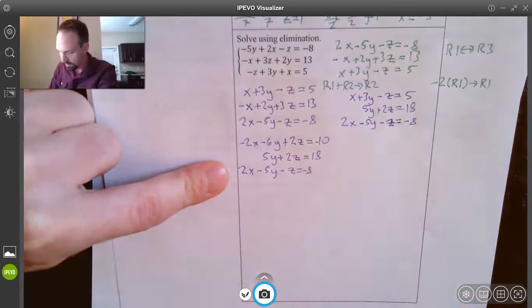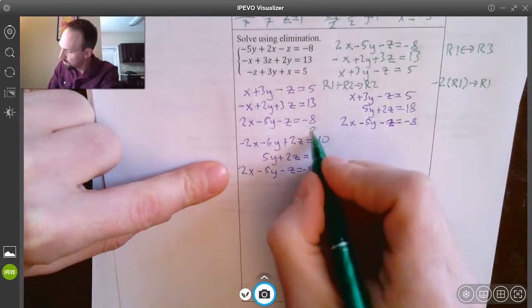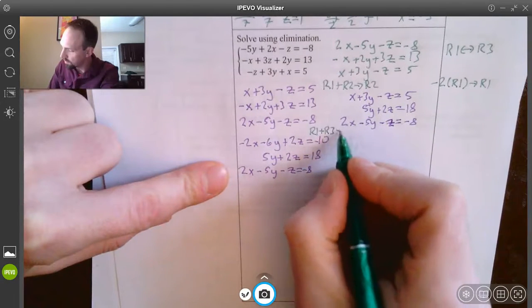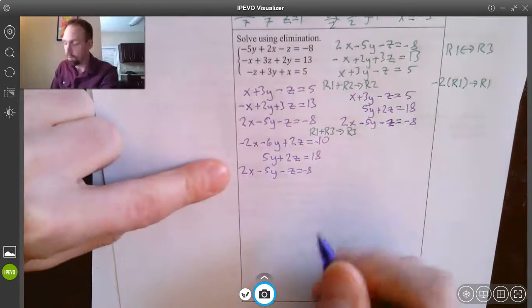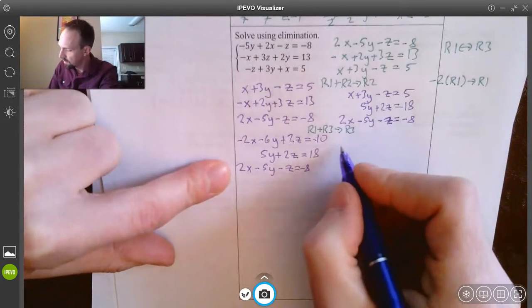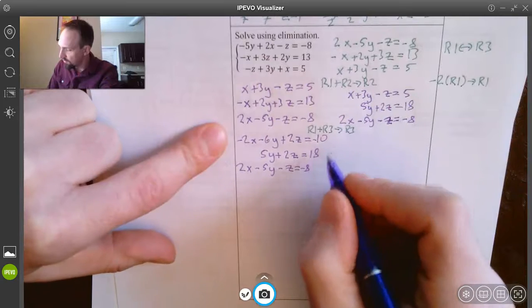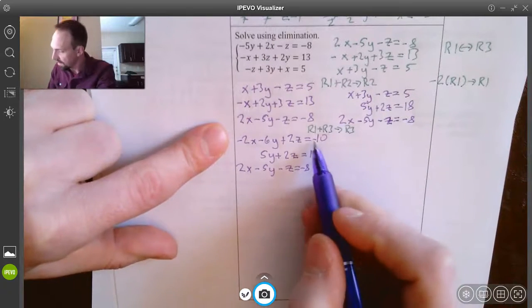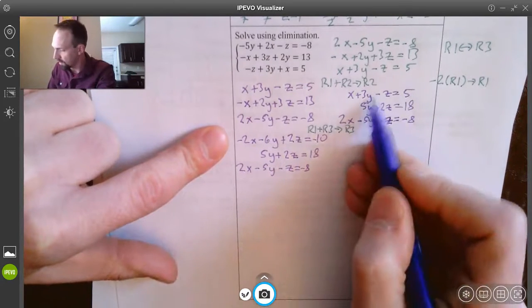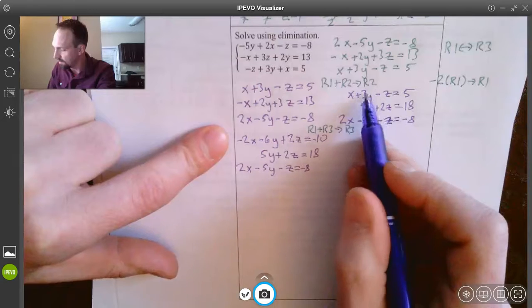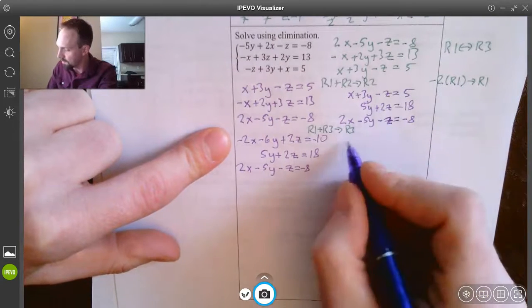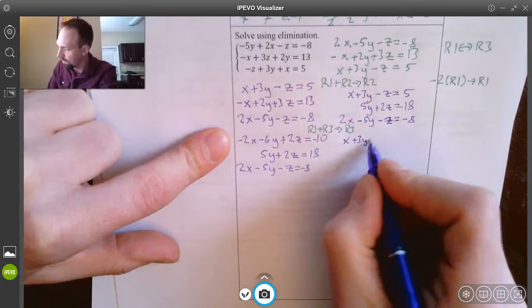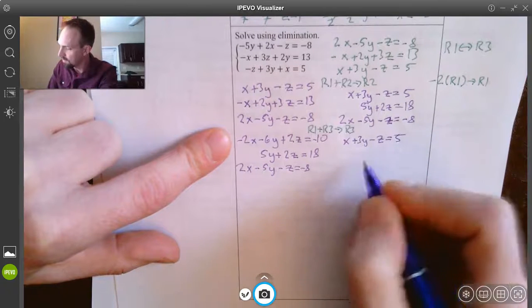And then I need to add row 1 and row 3. That's going to be my new row 3. So if I add row 1 and row 3 together, let's see. So the first row isn't going to change. And I'm actually going to convert it back, so I'm going to multiply row 1 by the negative 1/2 to get me back to x plus 3y minus z equals 5.